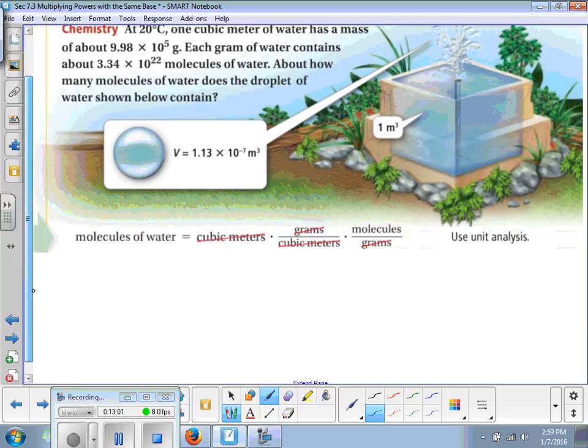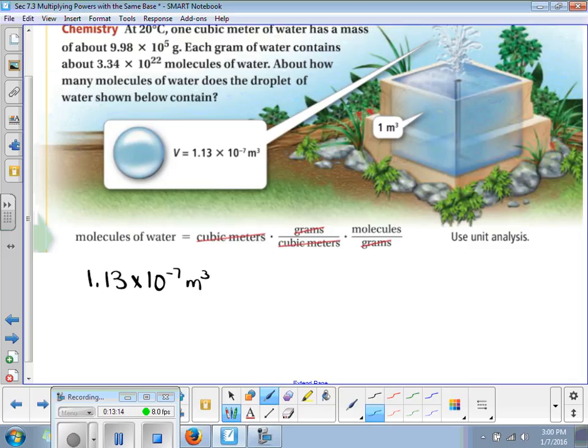We're going to start with 1.13 times 10 to the negative 7 meters cubed. Okay? So that is how much volume is in this droplet of water.